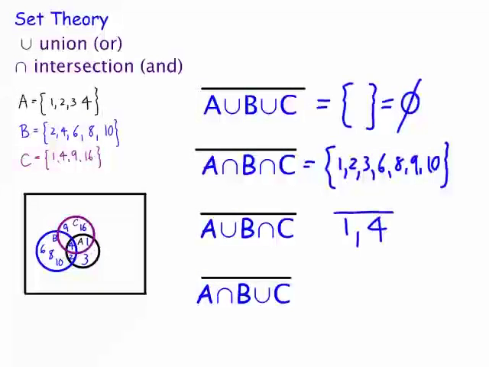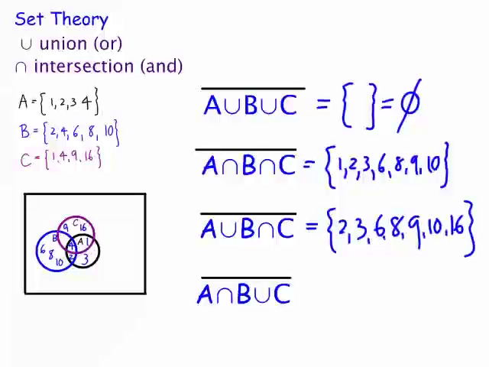Those are 2, 3, 6, 8, 9, 10, and 16. So these are all the elements apart from 1 and 4.